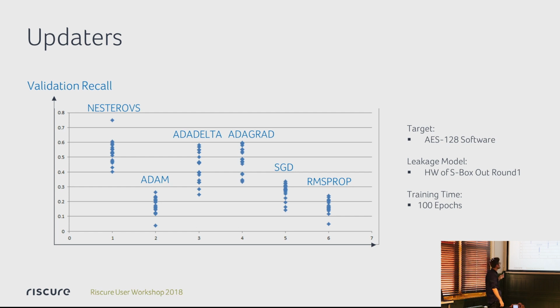You need to choose these parameters, as they are as important as the other ones. In my case, the backpropagation algorithm combined with this updater was better. These two provide similar results, but Adam, the newest one, or SGD and RMS propagation, didn't provide me good results. So this is an important choice as well.